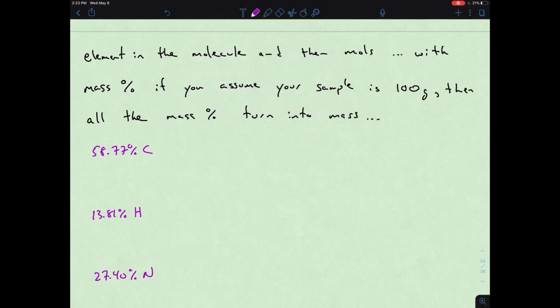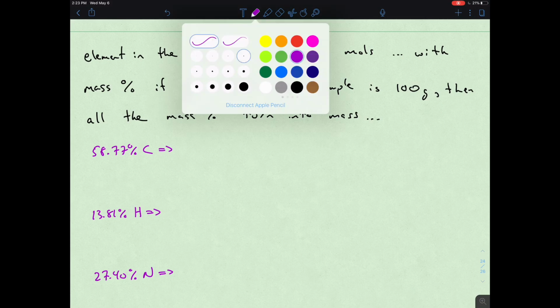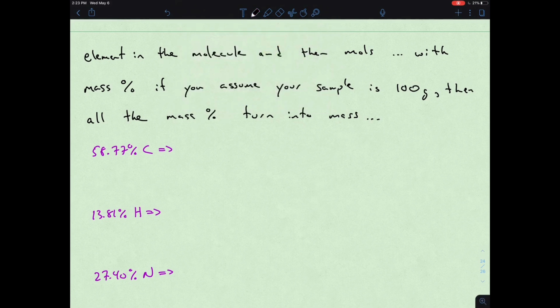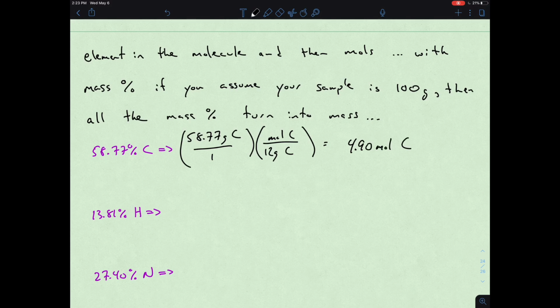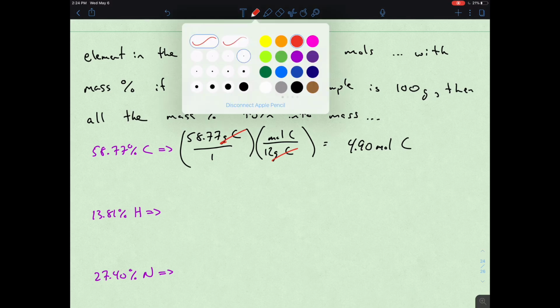So we're immediately jumping off and saying, okay, well, that means we have 58.77 grams of carbon with that first assumption. And now I'm just dividing by my molar mass to get 4.90 moles of the carbon, right?